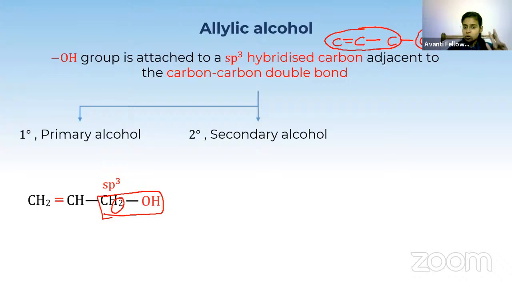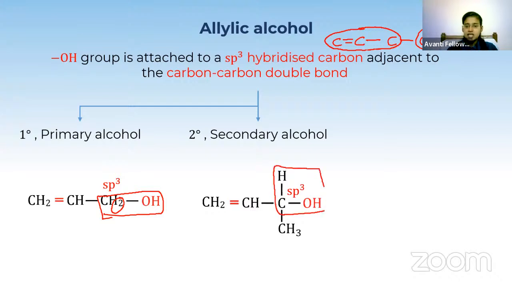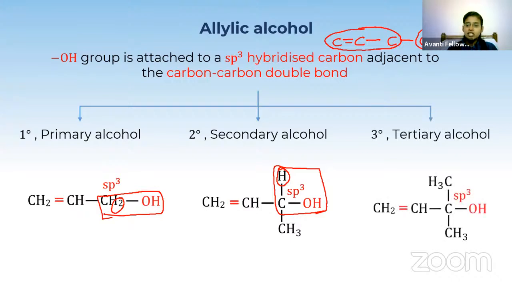So among those 2 hydrogen, one should be replaced by some alkyl group. By doing so, we will get the secondary alcohol. So in secondary, we will have only CHOH. Okay. Now, if you replace the third hydrogen with some other alkyl group, you will end up with the tertiary. So here you see, we have only COH. All the remaining parts are alkyl parts and the double bonded carbon parts of allylic system.